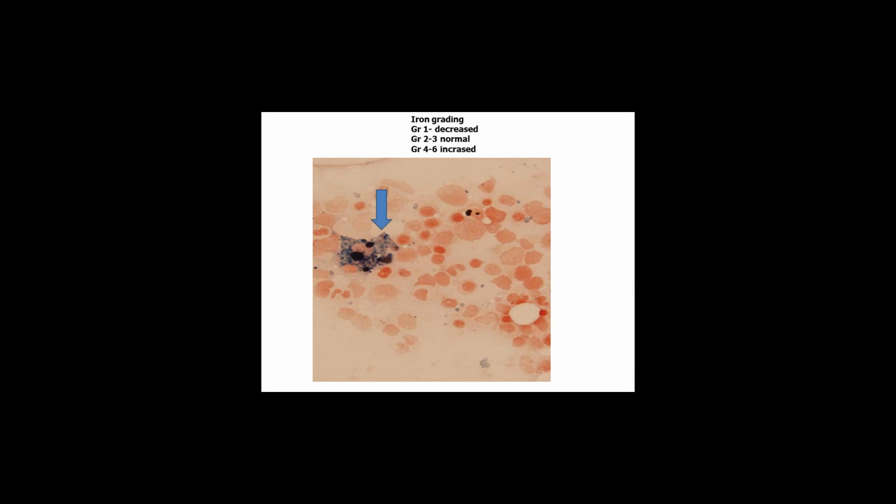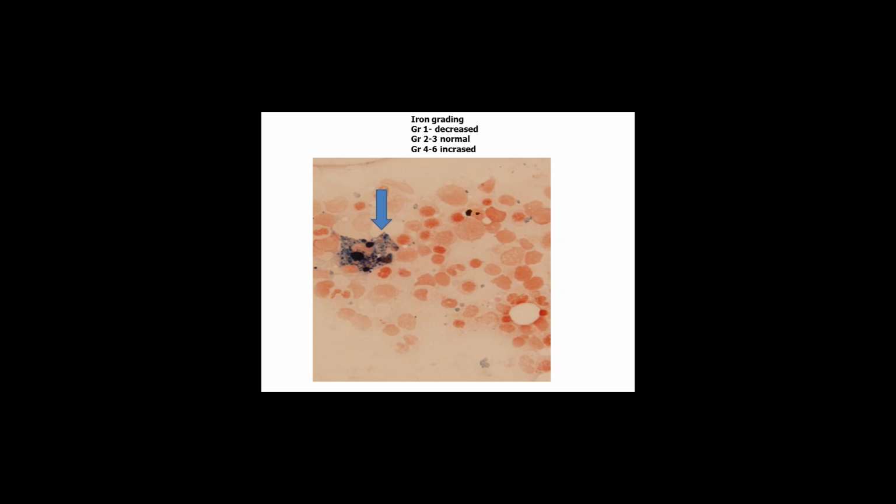If the control is positive and the patient slide is negative, only then can we say that the patient has iron deficiency anemia. Otherwise it is of no use, because there are lots of procedural artifacts and problems in which iron does not take up stain. So that gives us a positive control.